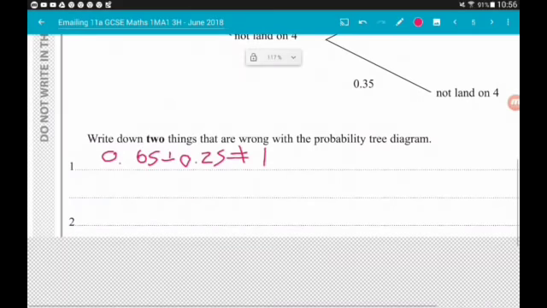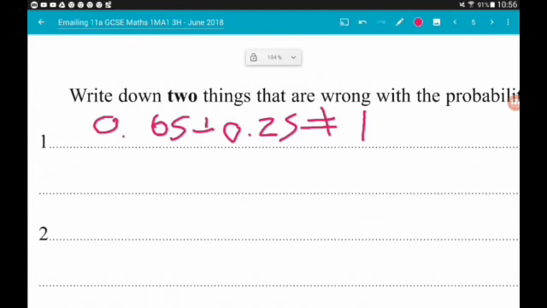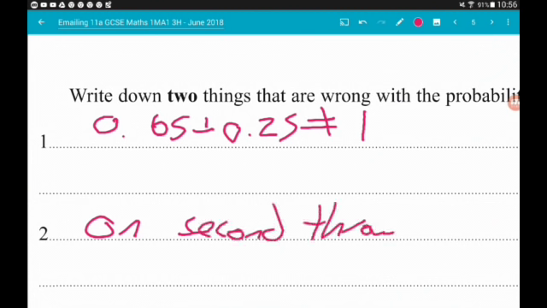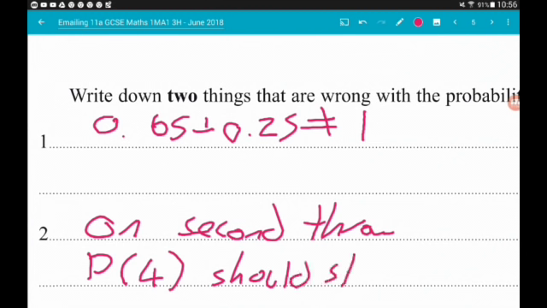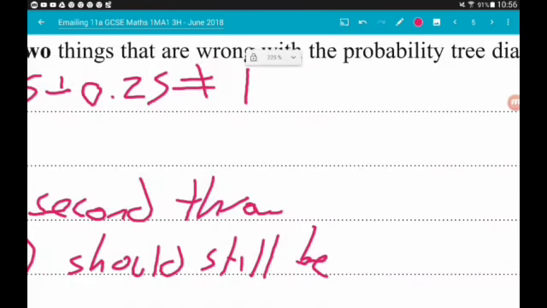So on the second throw, the probability of landing on a 4 should still be 0.65, so it shouldn't change, and he's changed it, so there we go.